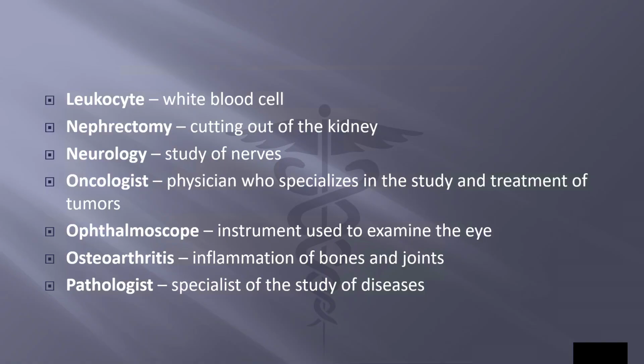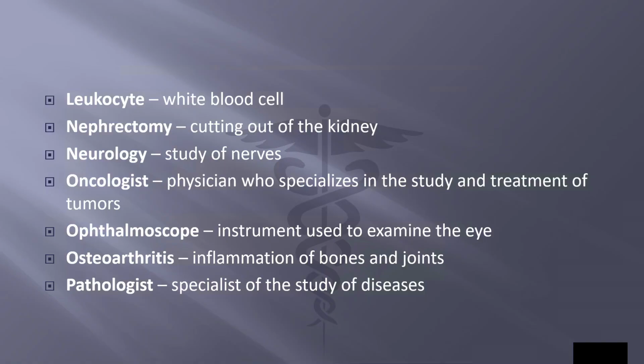Page 13, we have the combining term of ophthalmo. This means eye. So an ophthalmoscope is an instrument used to examine the eye. And we have figure 1.10, which shows us three pictures. Picture A is a picture of an ophthalmoscope.